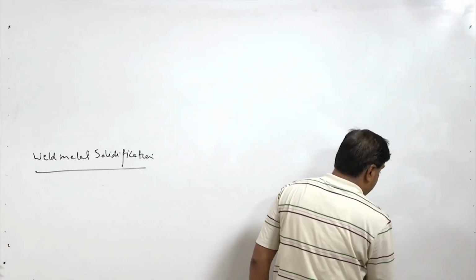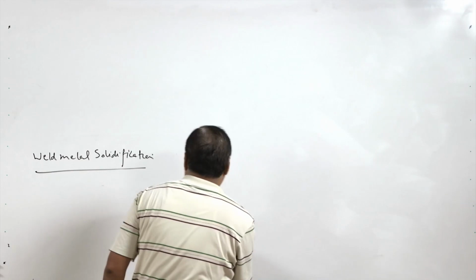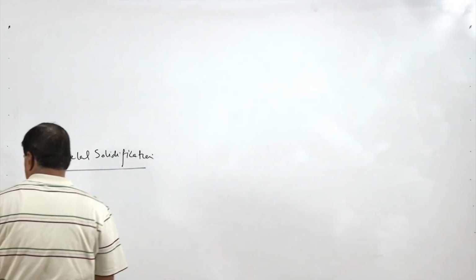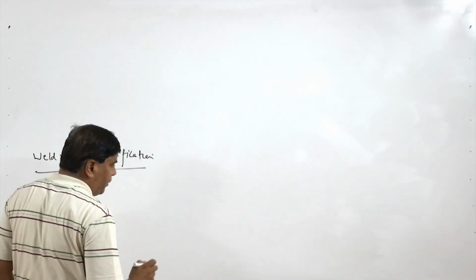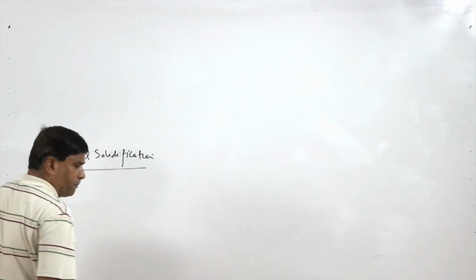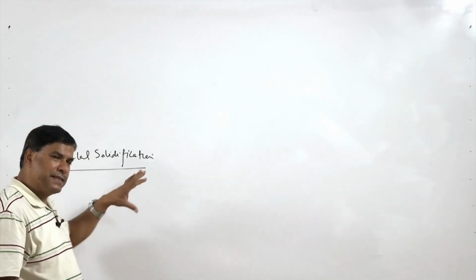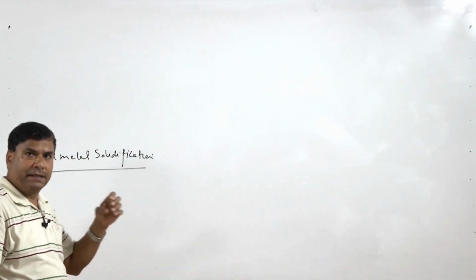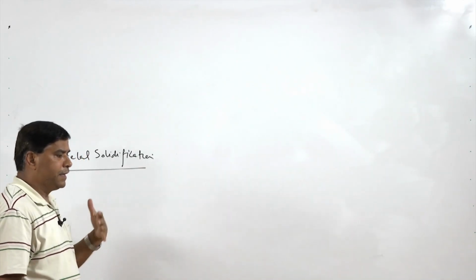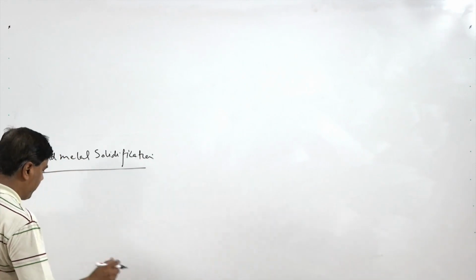And these two are found to be a function of the shape of the weld pool and heat input, and the shape of the weld pool is actually affected by the heat input and the speed of the welding.